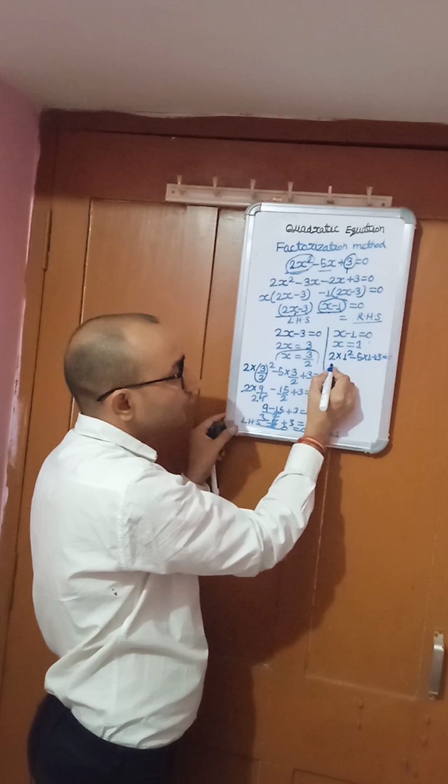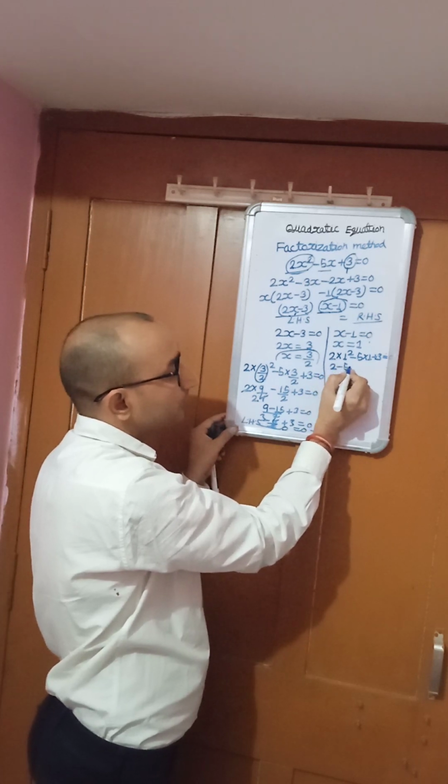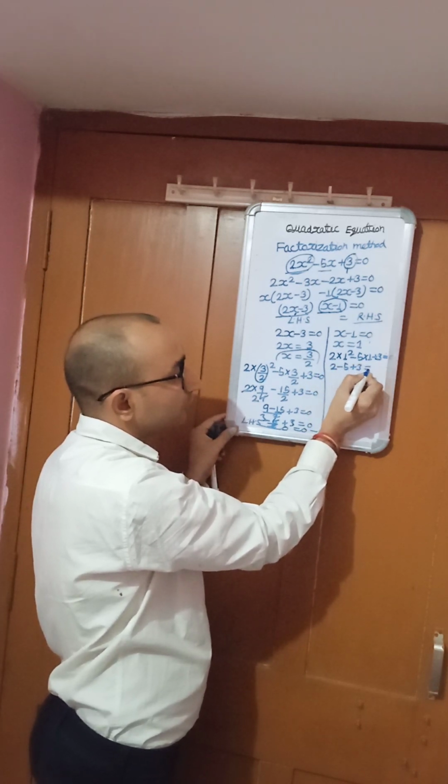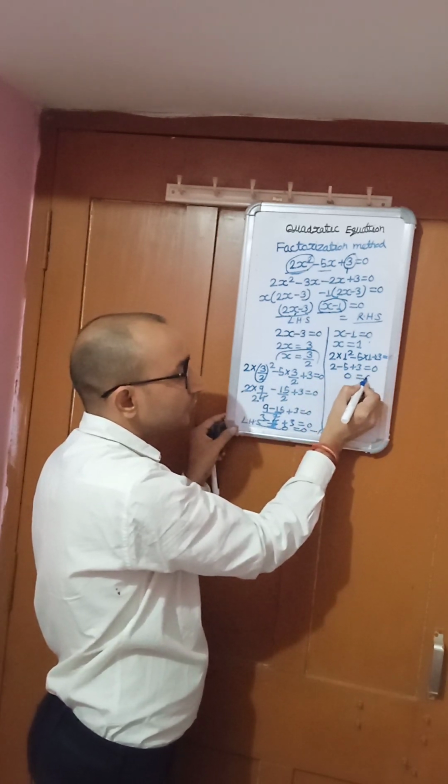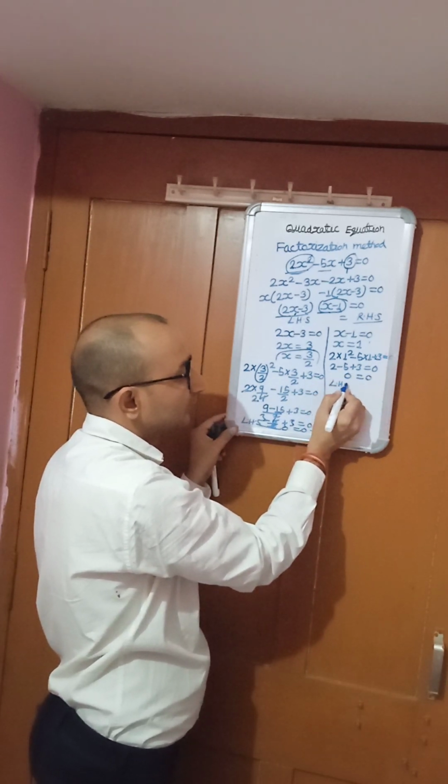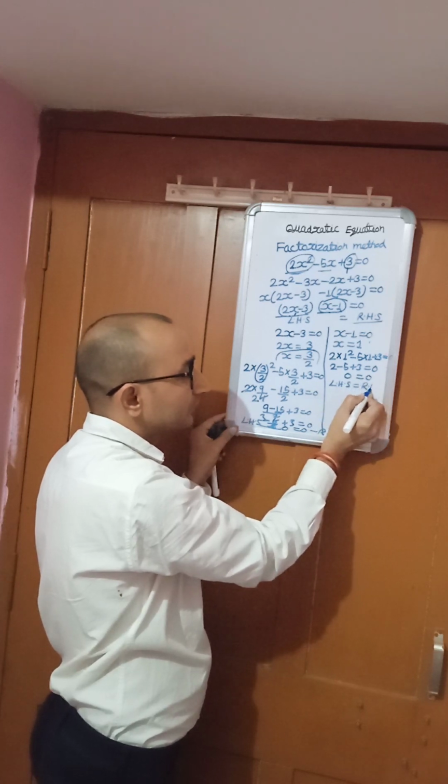Then it becomes 2 minus 5 plus 3 equals to 0. Means 0 equals to 0. LHS equals to RHS.